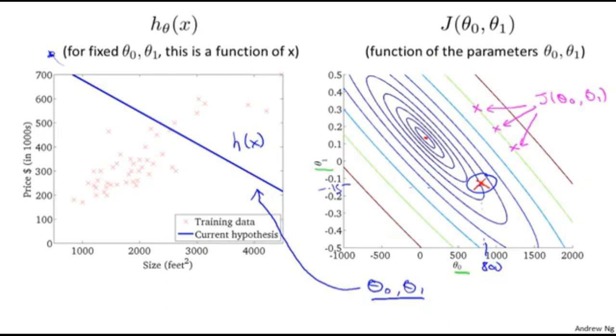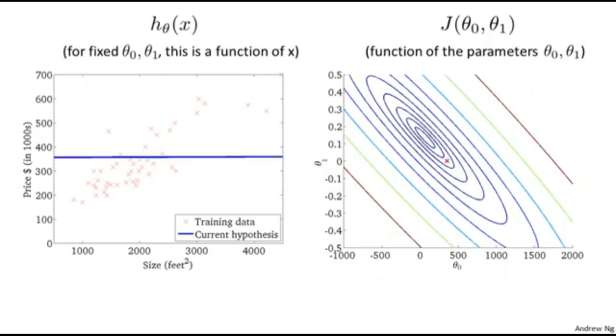Let's look at some more examples. Now here's a different hypothesis that's still not a great fit to the data, but maybe slightly better. So here, that's my point. Those are my parameters, theta 0, theta 1, and so my theta 0 value is about 360, and my value for theta 1 is equal to 0.